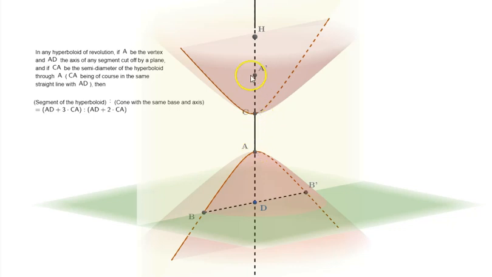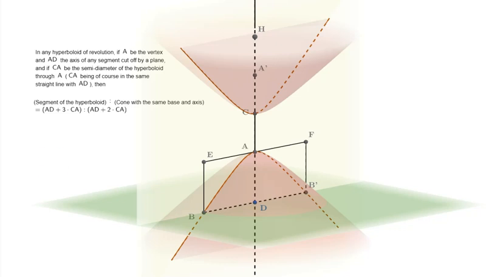That is, AC is equal to A prime C is equal to A prime H. Let's draw a tangent parallel to BB prime through A. Let's call this EF. And let's join BE and B prime F.